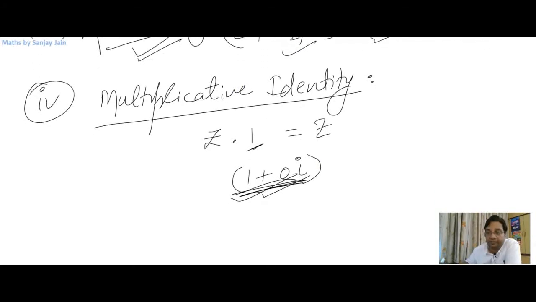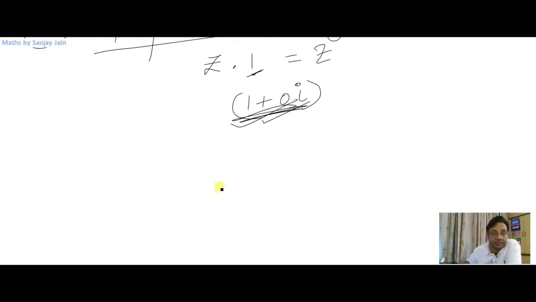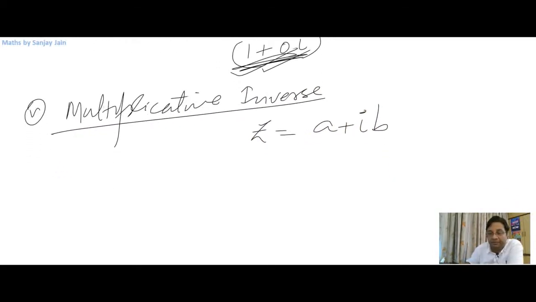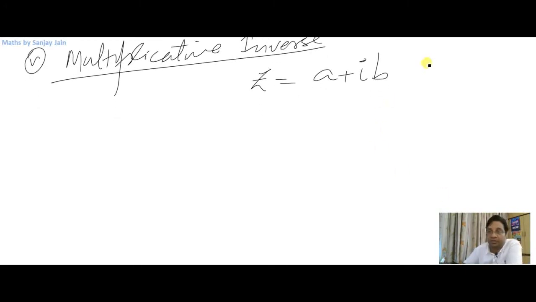Next that we have is multiplicative inverse. So if I've got a complex number a plus iota b, the multiplicative inverse of it, now this complex number has to be non-zero, right?